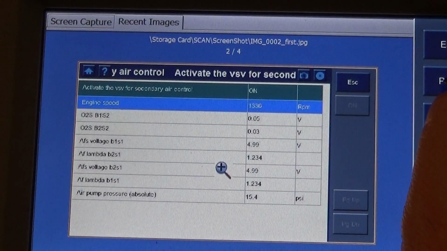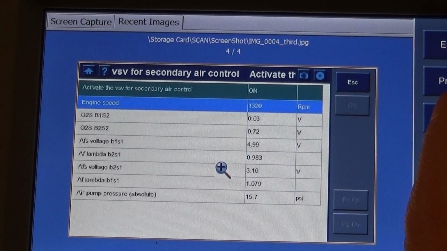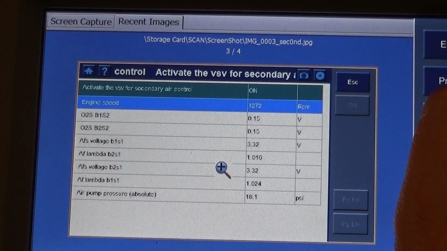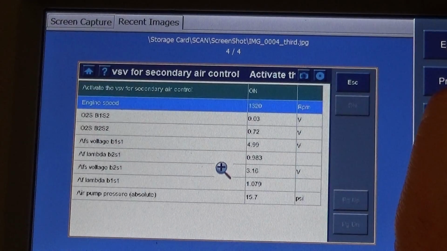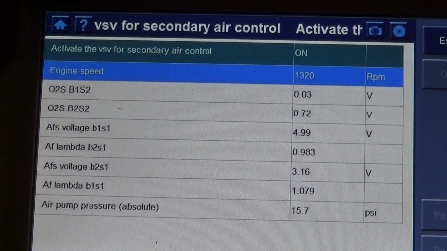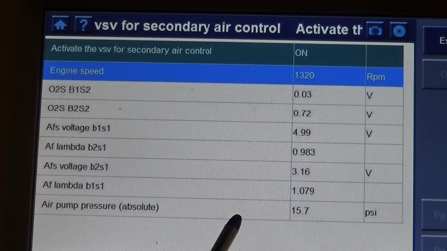Let's see here now. Okay, this is my capture where I only obstructed one side, and this is actually pretty cool, guys. My air pressure is 15.7, almost the same as a normal one, because there is airflow through the exhaust.